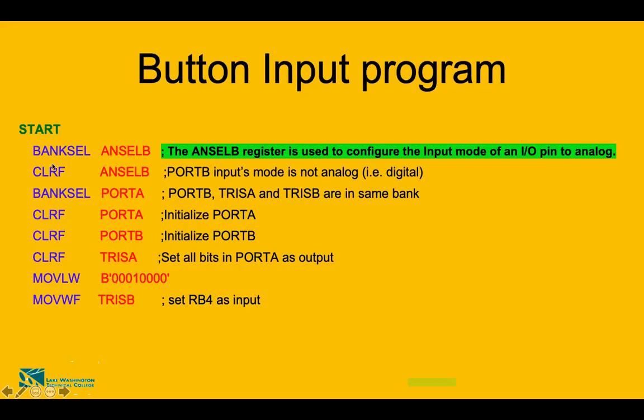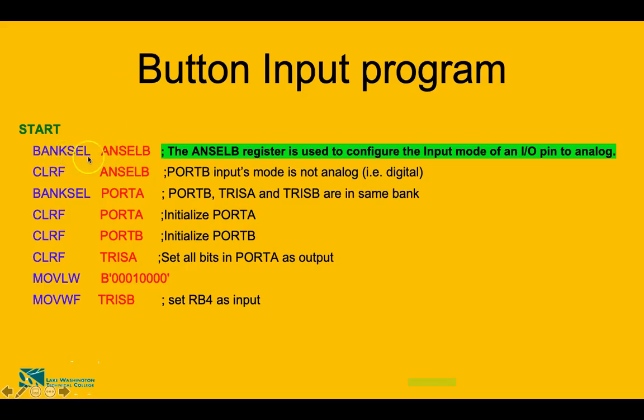You'll start the program by selecting the bank, and we are using the bank of ANSELB, because the input we want to provide is our push button S1, and S1 is connected to RB4, which is basically your port B. So we have to use ANSELB, which you know is used for defining the input mode, and that's why we have used it here.